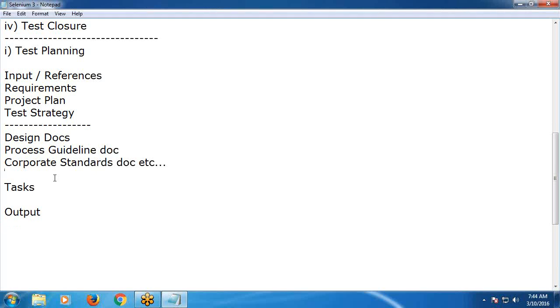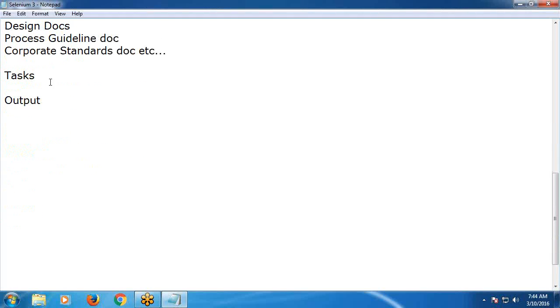Next, what are the important tasks in the test planning phase? Tasks. Smita, what are the important tasks in test planning? Understanding and analyzing the requirements.